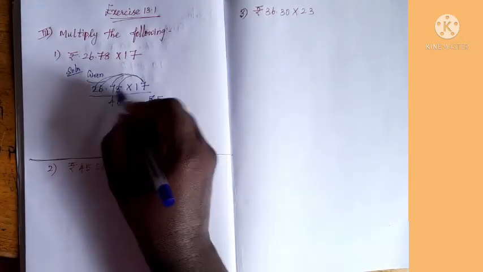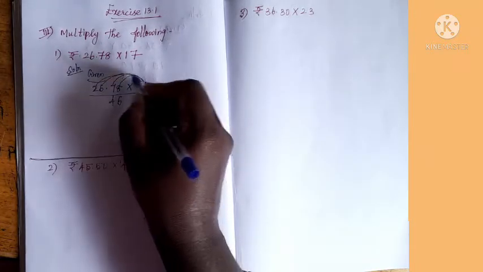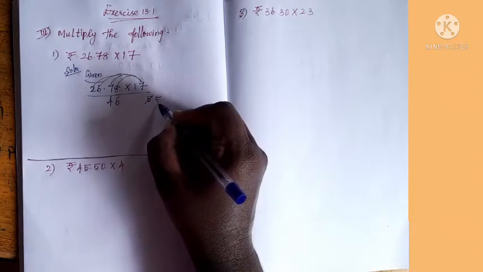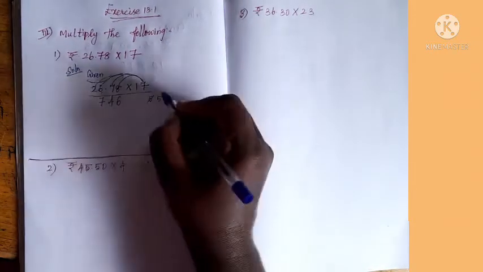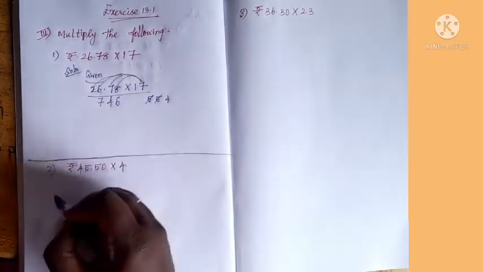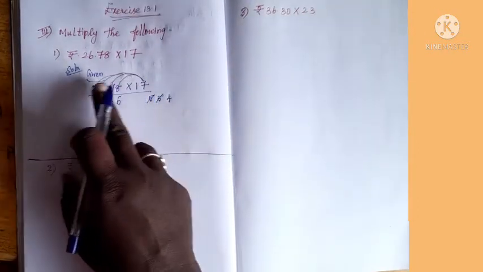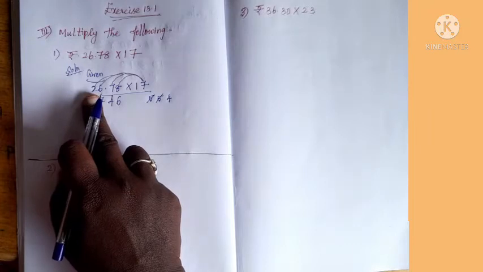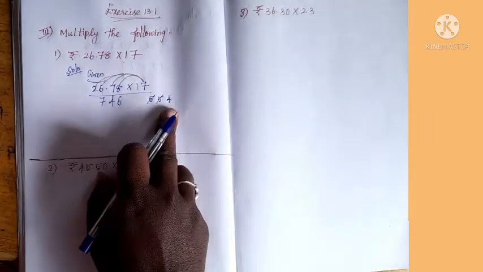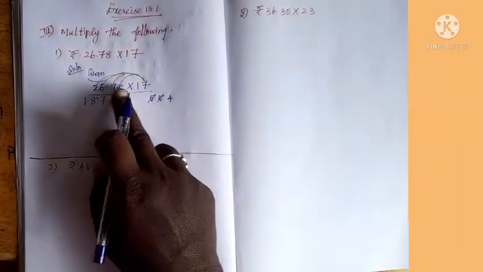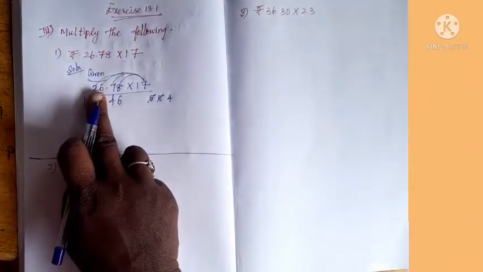Don't consider the point. Multiply the next digit. 7 6s are 42, 42 plus 5, 47. So 4 is the remainder. 47, 7 you write, 4 is the remainder. 7 2s are 14, 14 plus 4, 18. So the first digit we multiplied with these 4 numbers.